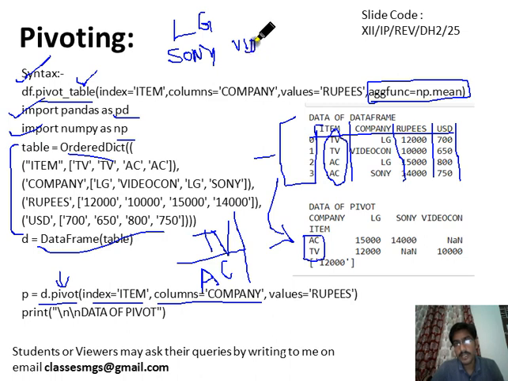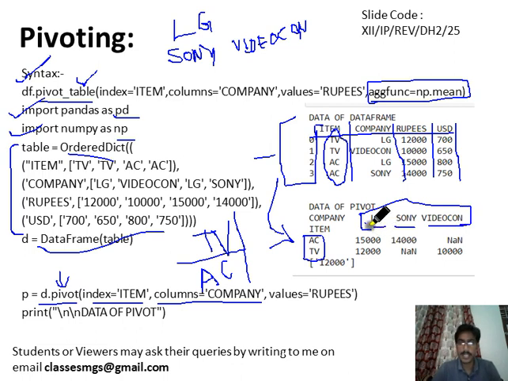So these are the three values in the original data frame. Keep this in mind that while we are applying this, LG, Sony, Videocon, however LG is repeated 2 times, but in the pivoted table it will be only 1 time. That means unique values will come here.